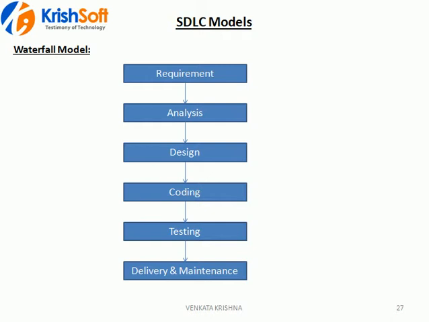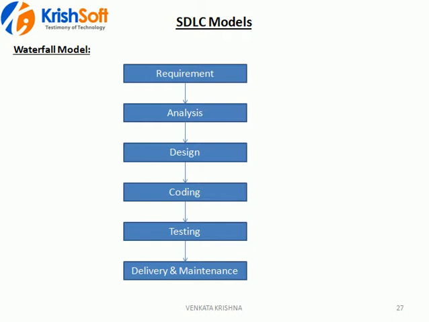Also in the waterfall model, only after completion of one phase do we move to the next phase. If any pending thing is there in one phase, we will not go to the next phase. For example, in the requirement phase, everything needs to be completed. In the analysis phase, everything needs to be 100% complete.